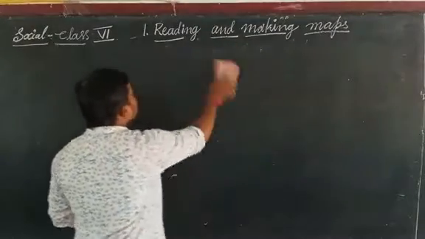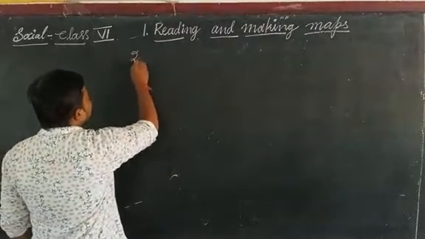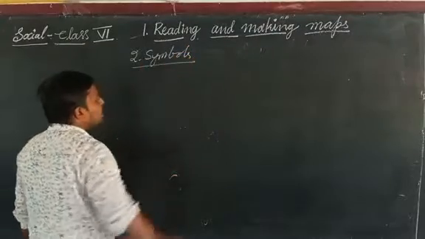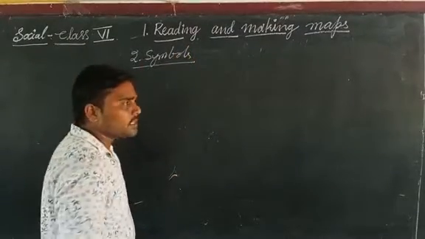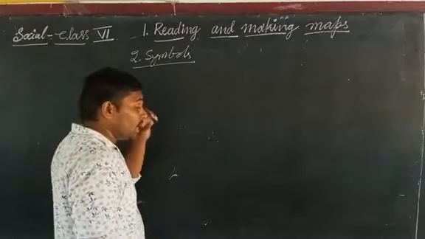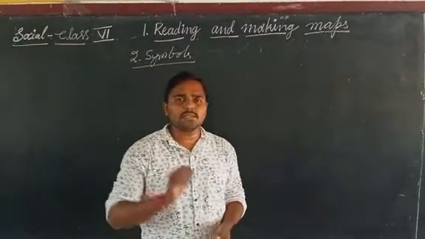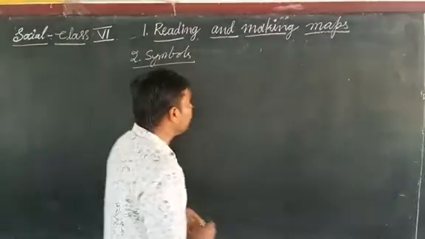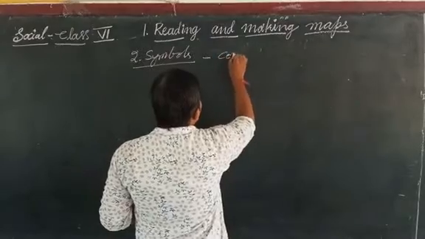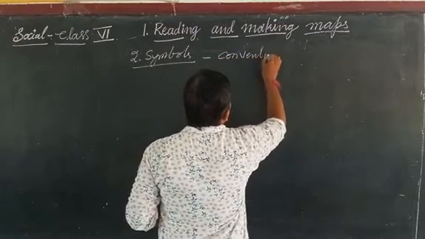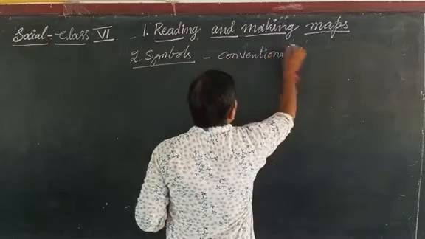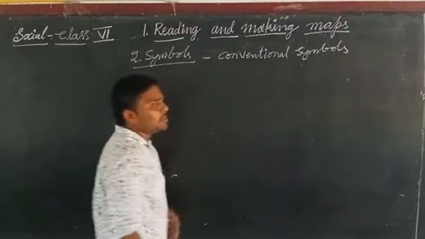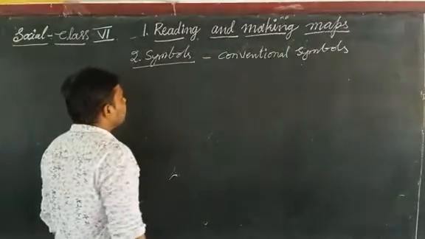Then, coming to the second one, symbols. In the previous class, we discussed some symbols. The symbols which we commonly use in the preparation of maps are called conventional symbols.